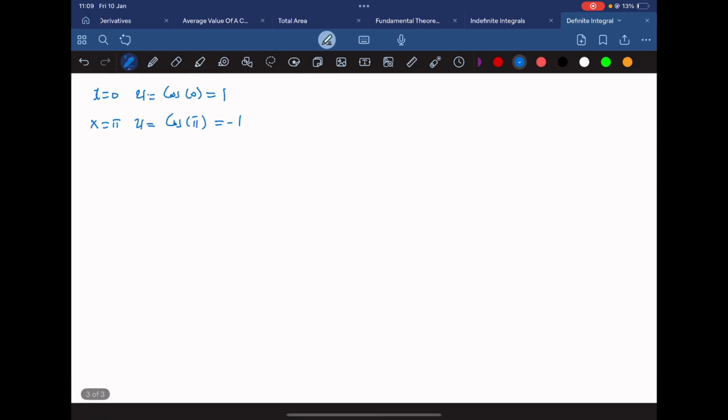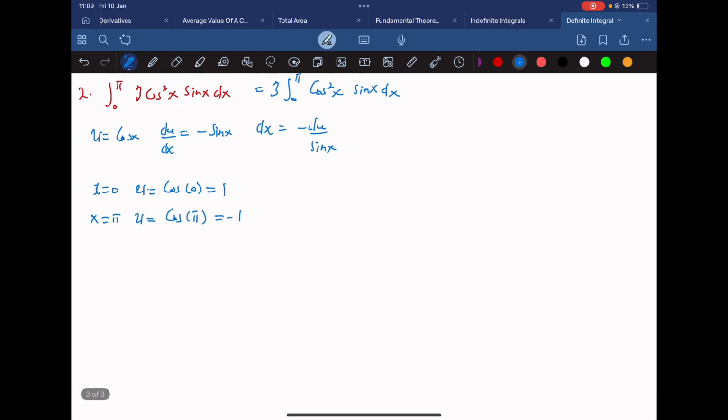So if we rewrite the expression, we are going to have 3, and when x is equal to 0, we had 1. When x is equal to pi, we had minus 1. Then cos squared x means we have u squared. And then we have sine of x multiplying minus du out of sine of x.